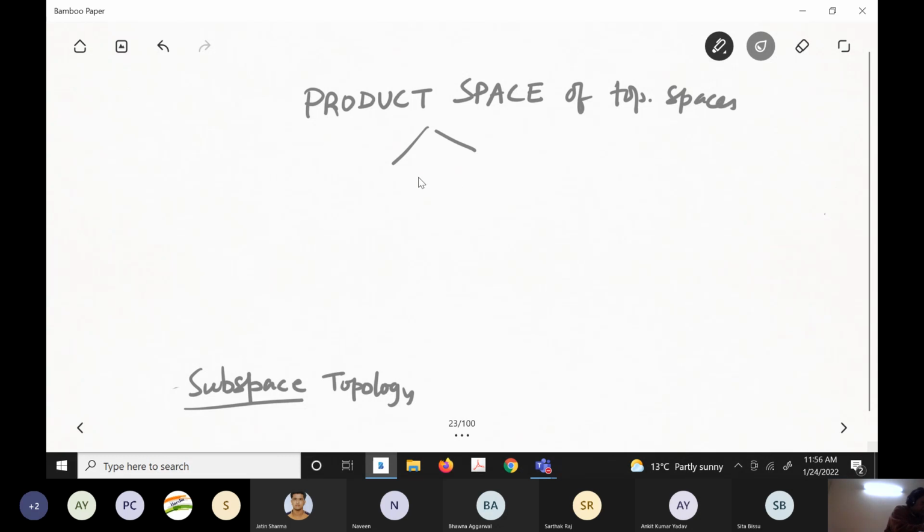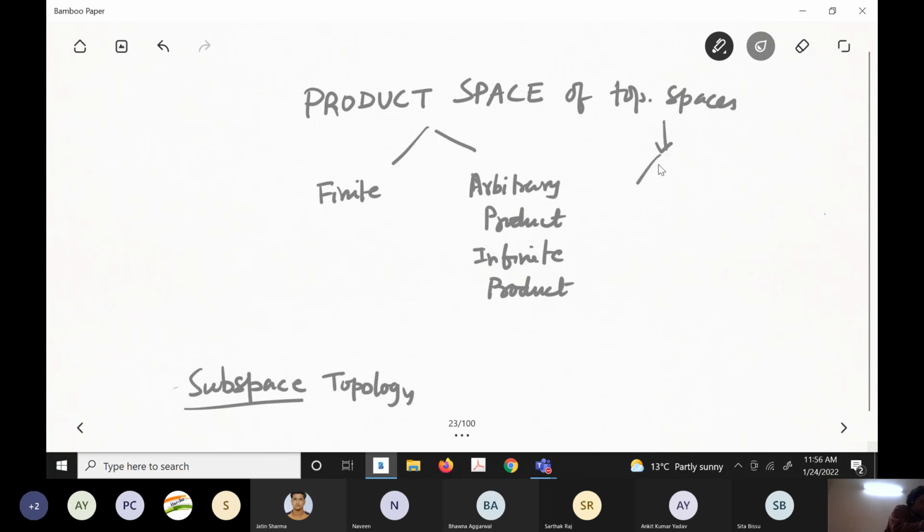Actually, your finite product, and infinite arbitrary product. This finite and infinite refers to the number of topological spaces.